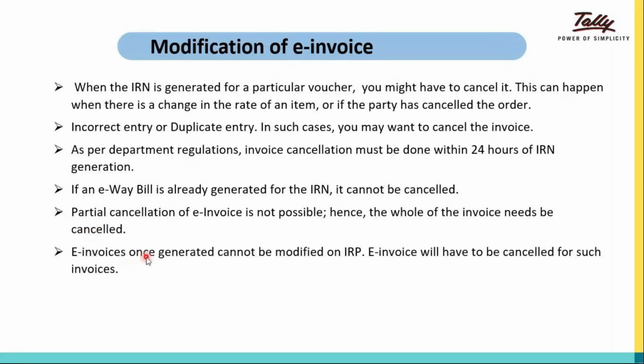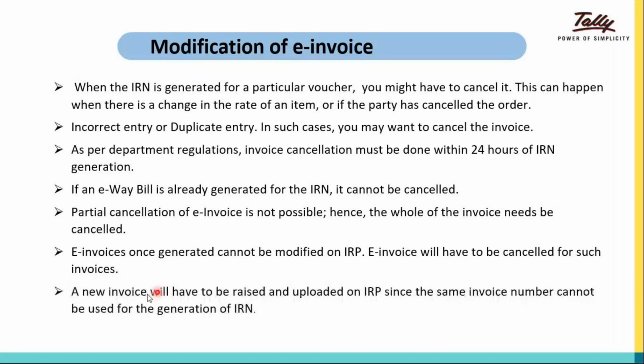E-invoice once generated cannot be modified on IRP. E-invoices will have to be cancelled for such invoices. Again, the same thing is being repeated here. A new invoice will have to be raised and uploaded on IRP, since the same invoice number cannot be used for generation on IRP.